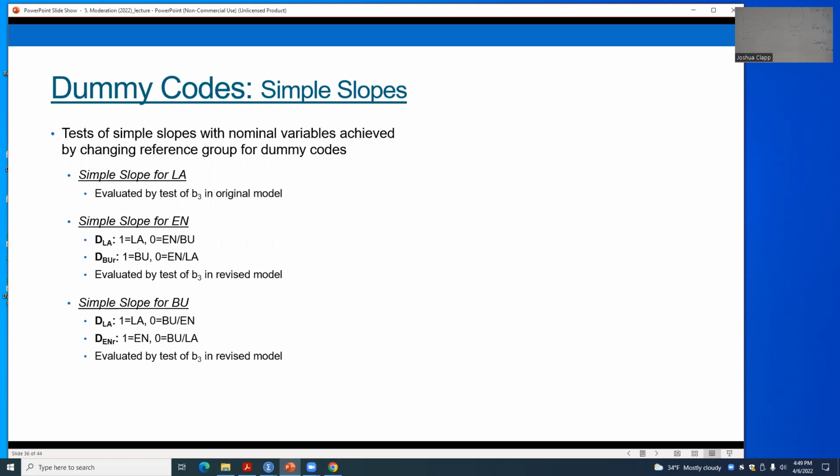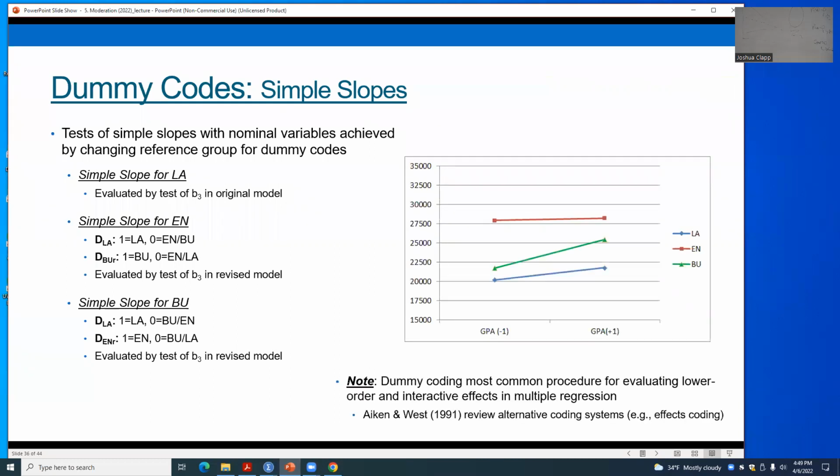So you've got 1 for the target group and 0 for everybody else. But basically you're just going through and running that model again for everybody, right? And just looking at that effect of GPA. So again, really simple, really easy. You're just swapping out who the reference value is.